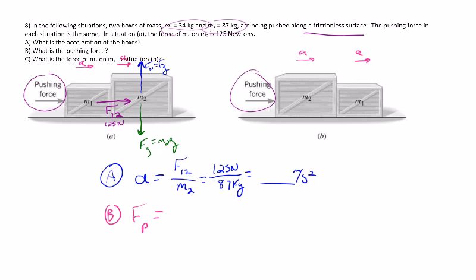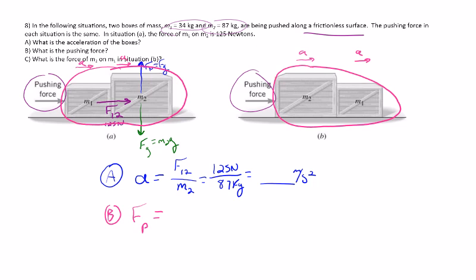Here's the way I'm going to think of it. This pushing force is acting on all of the boxes, so it's acting on the total mass of 87 plus 34, which is 121 kilograms.